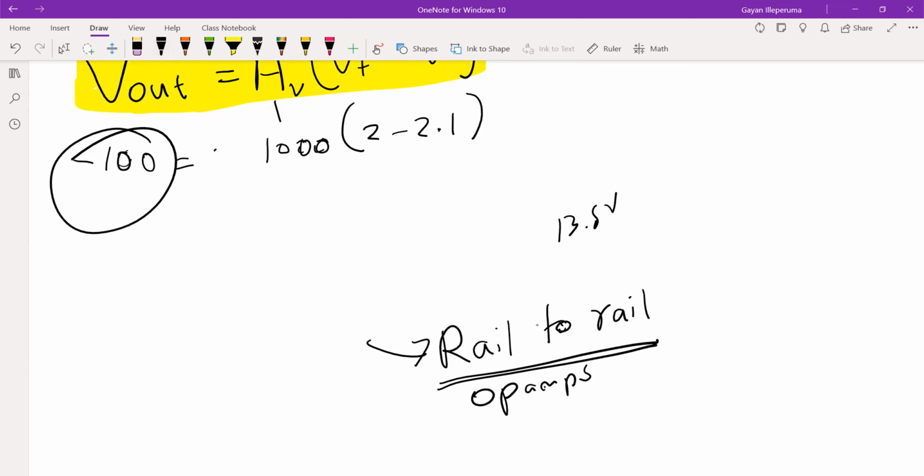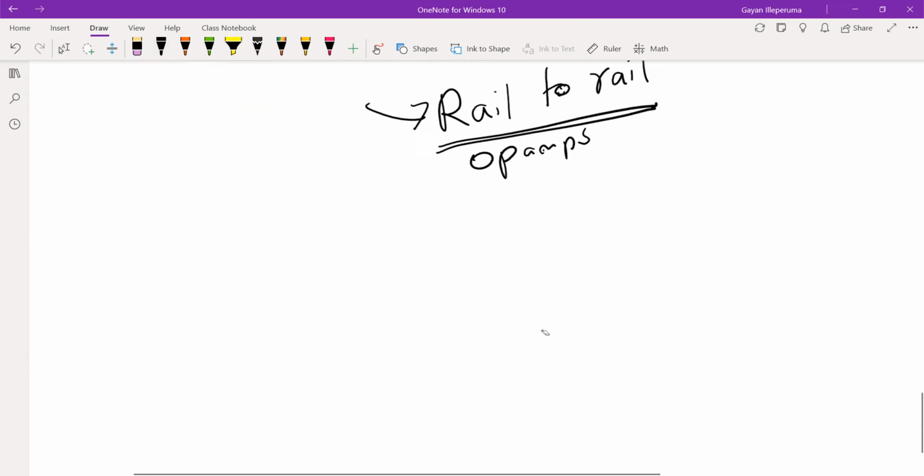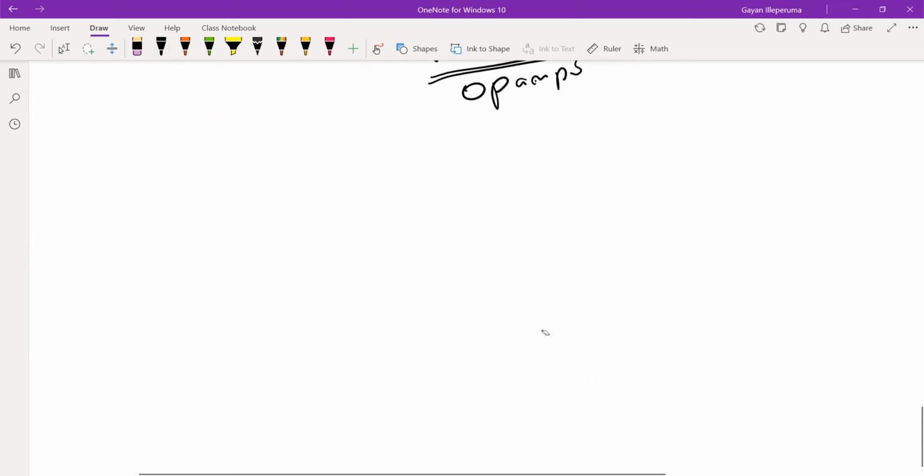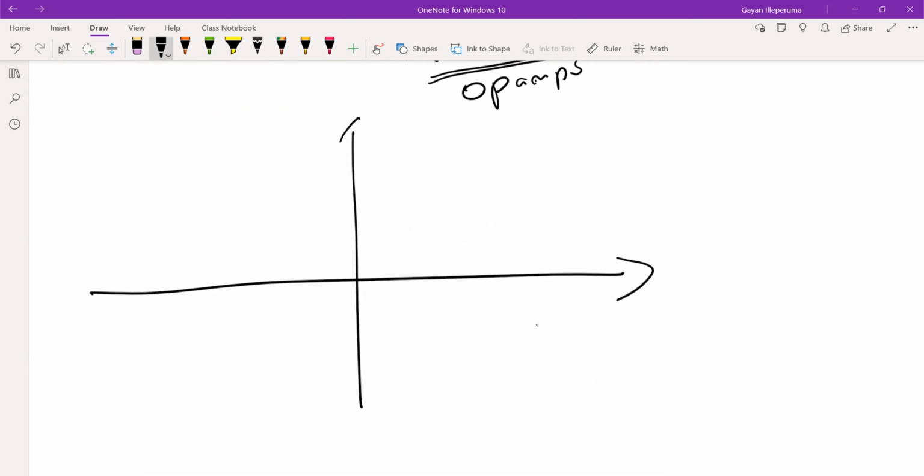So we can include this knowledge and draw a graph showing V plus minus V minus.